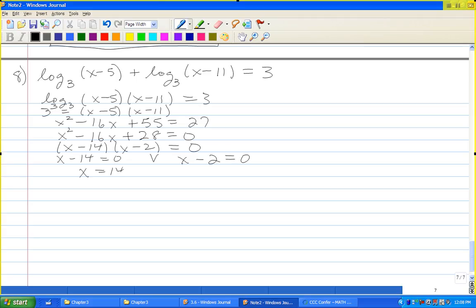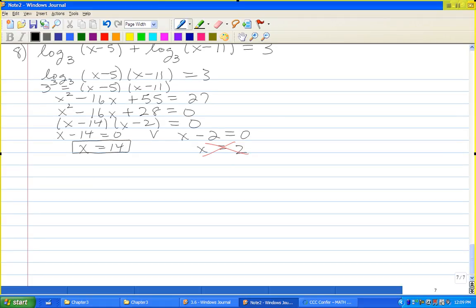So add 14 to both sides, add 2 to both sides. When x is 2, you have 2 minus 5 is negative, so that's an extraneous solution. When x is 14, x minus 5 is positive, x minus 11 is positive. So good, your solution is x equals 14.